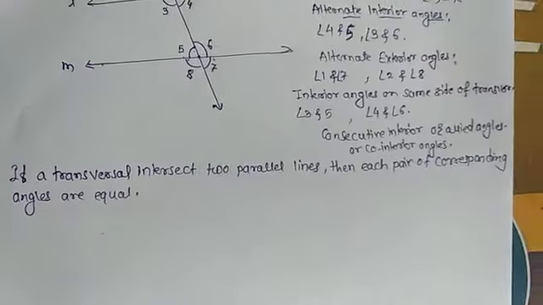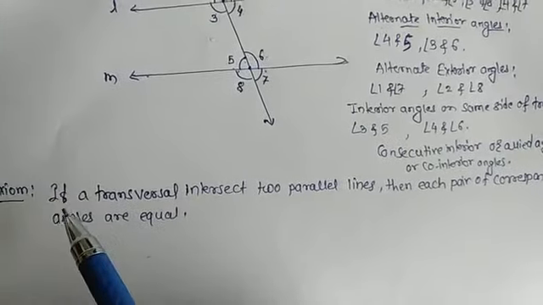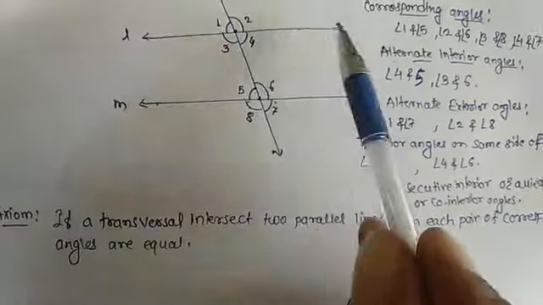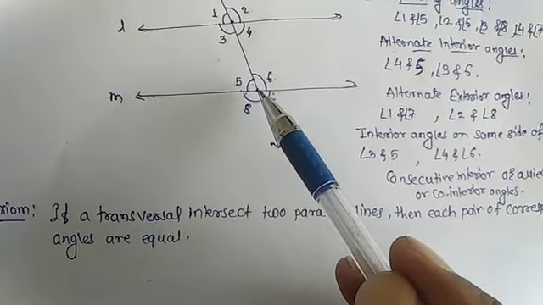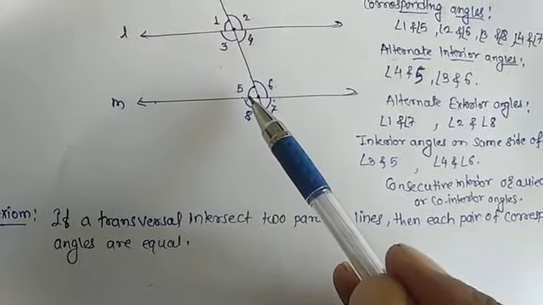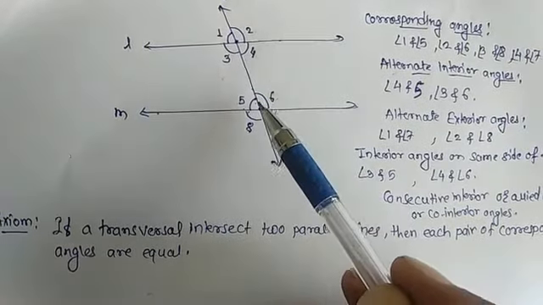That means the axiom says that if these two lines are parallel to each other, then the corresponding angles are equal.